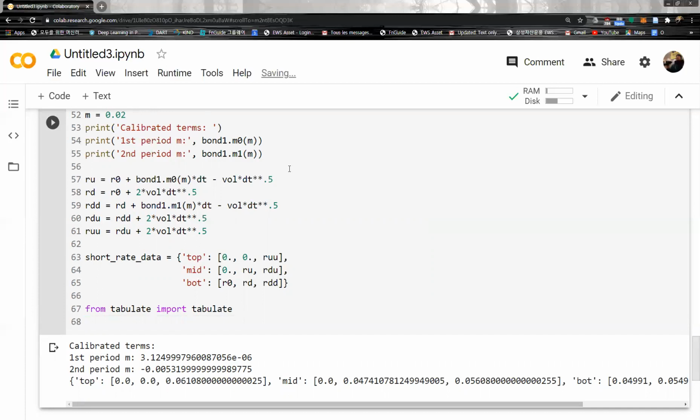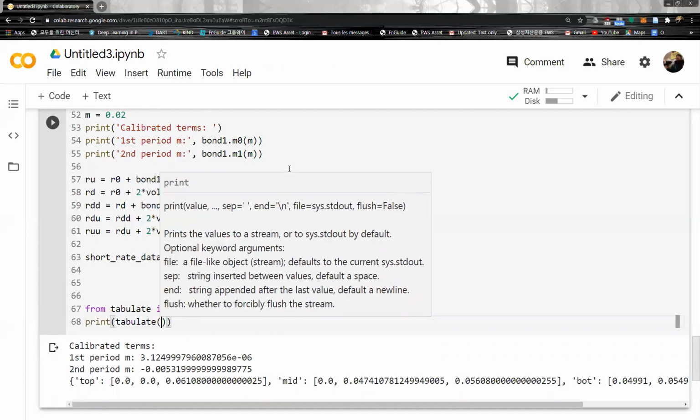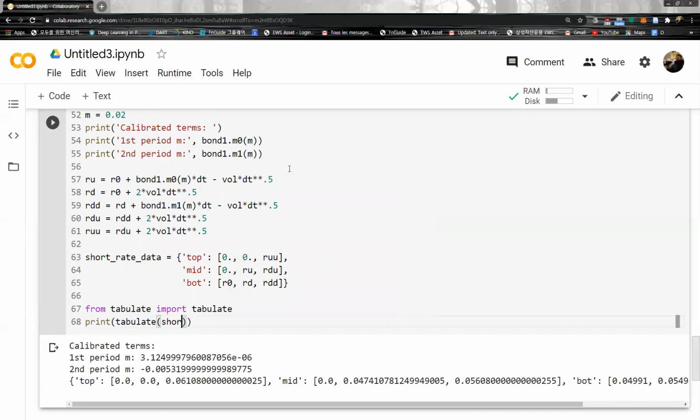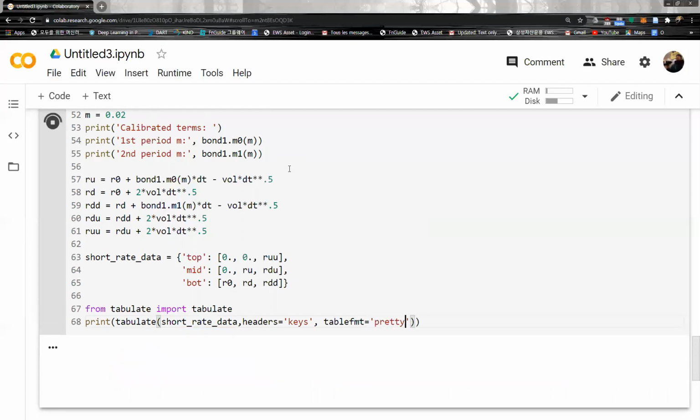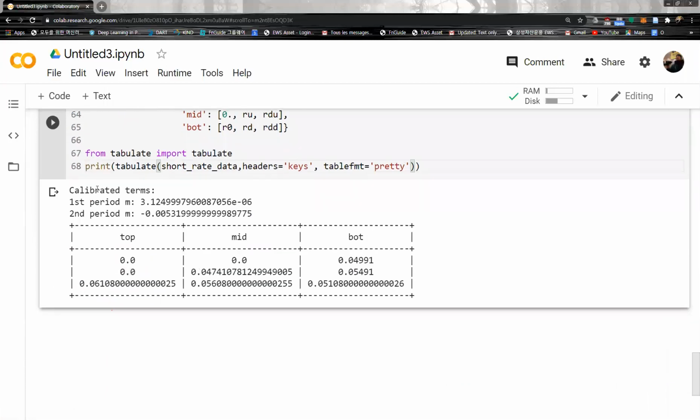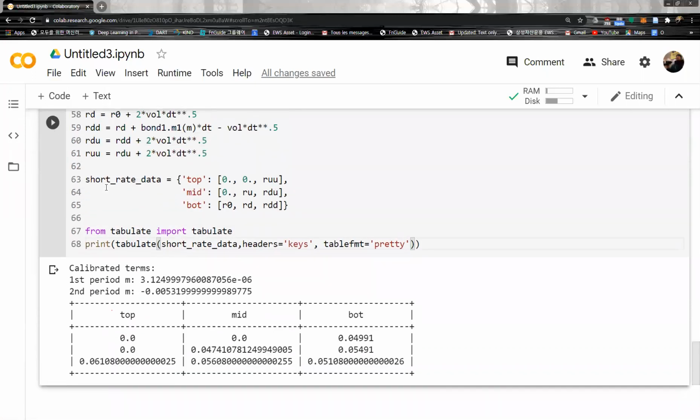I'll show you what's wrong, but let me continue. Print tabulate, and then we want to tabulate the short rate data, and then headers keys, and then table format pretty, looks like this, and then, yes, sorry, this does not make sense. This does not make sense.